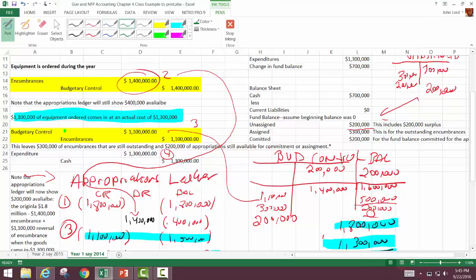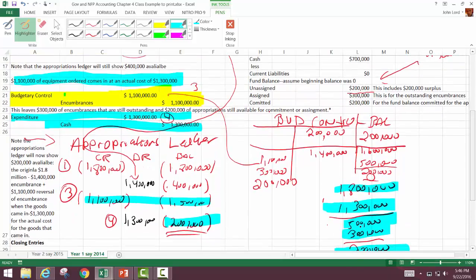And so we go ahead and we reverse only just the 1.1 part, right? Right there. We just only reverse the 1.1 part, and then we put the expenditure in for the actual amount, right? And so that used up essentially the extra 200,000 of budget authority that caused us to end up with only 200,000 left in our appropriation at the end, right?